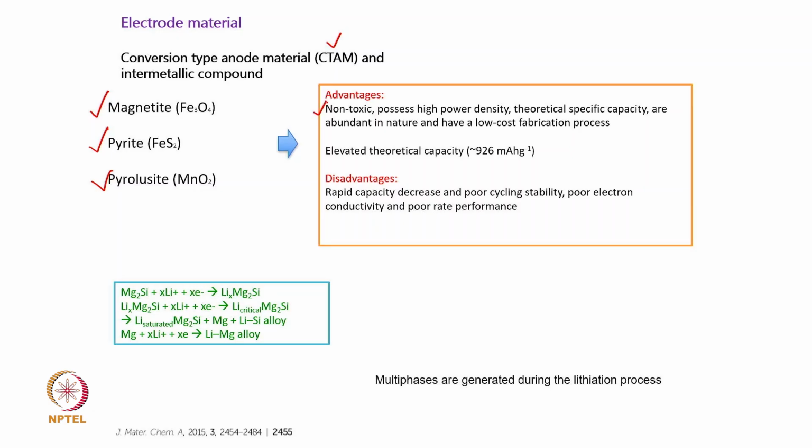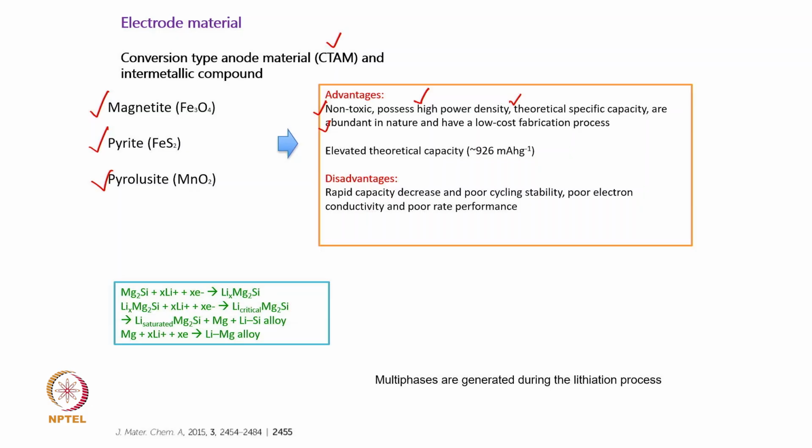They are non-toxic. This is a very important thing because the material should always be environment friendly. They also show high power density. This is one of the goals of any battery like lithium ion battery, and they could achieve the theoretical specific capacity. They are also abundant in nature. All these materials like magnetite, pyrite, etc., are found in nature.